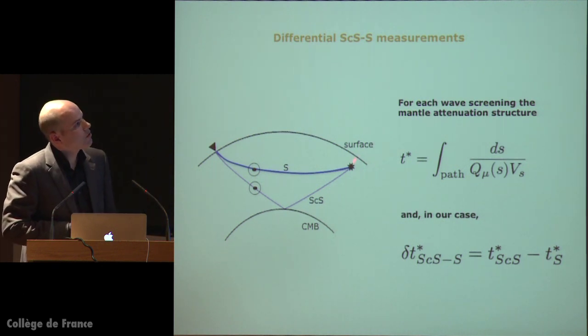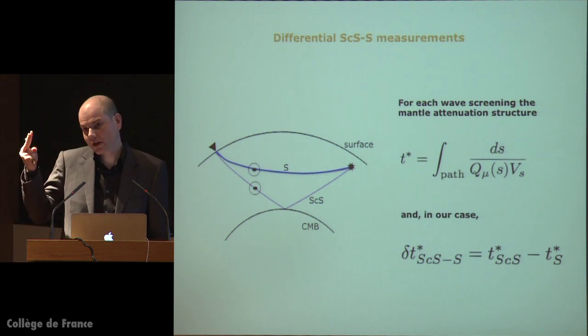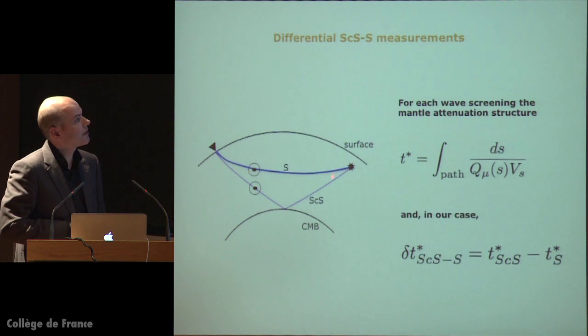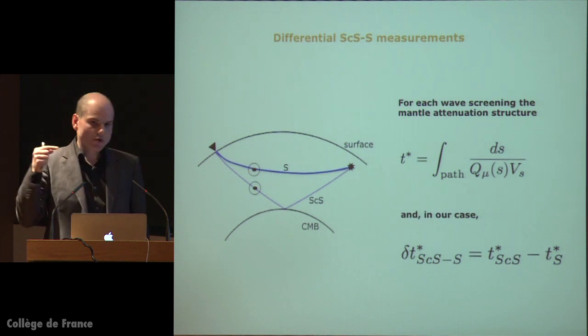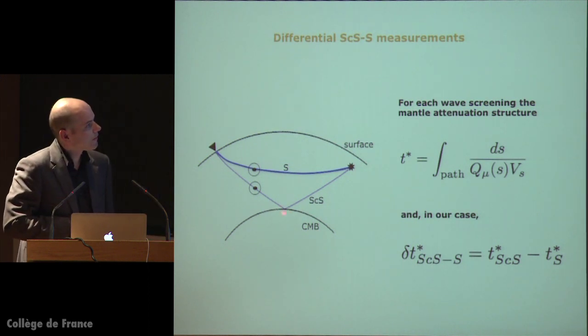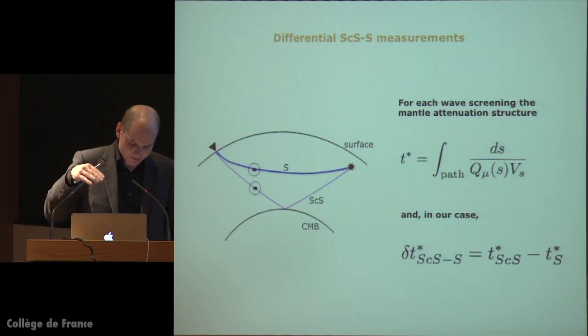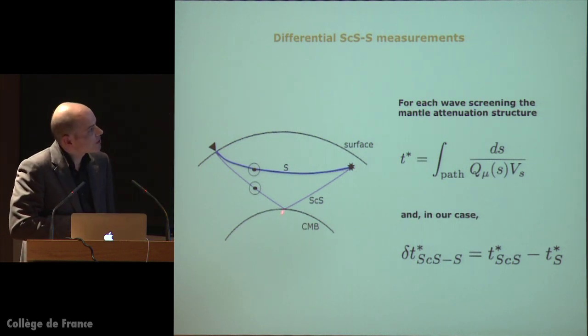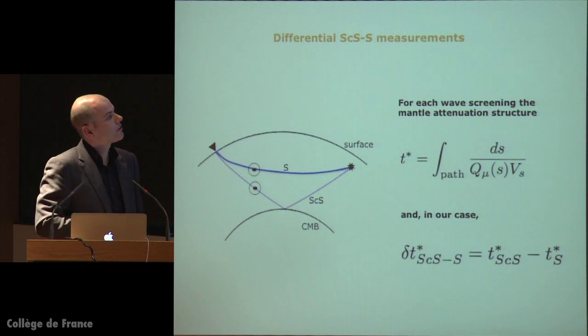And now I will use not only one wave, but two waves at the same time. I will use S and SCS, and I will use those that are horizontally polarized in order to avoid some reflection, so that most of the energy is reflected at the core-mantle boundary.